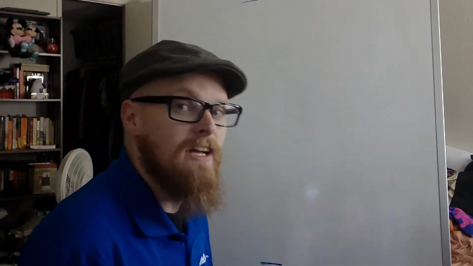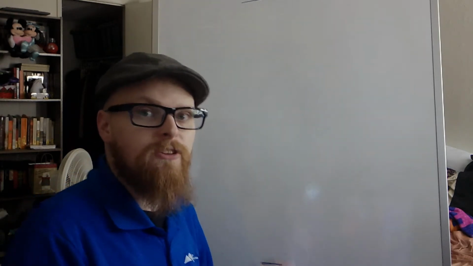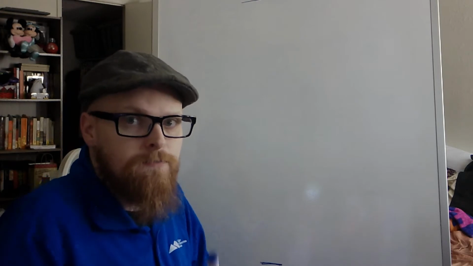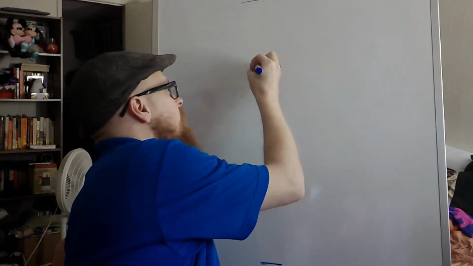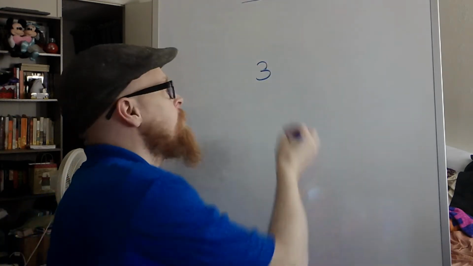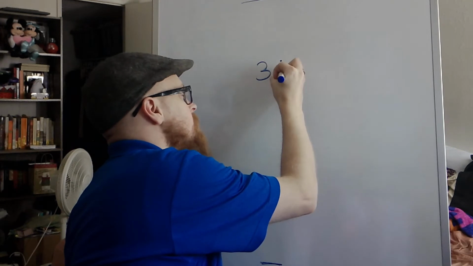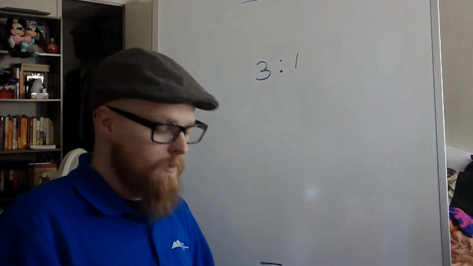So on the back of the bag for concrete, it tells you use this much water for this much concrete, right? That's a ratio. So typically it'll say something like use 3 gallons of water for every 1 bag of concrete. Okay?